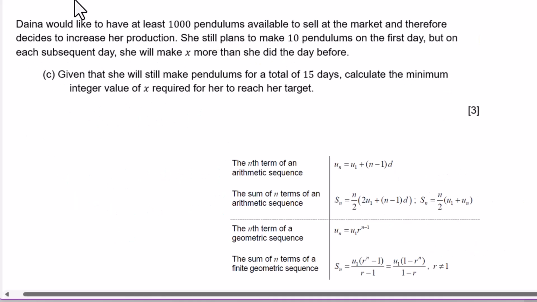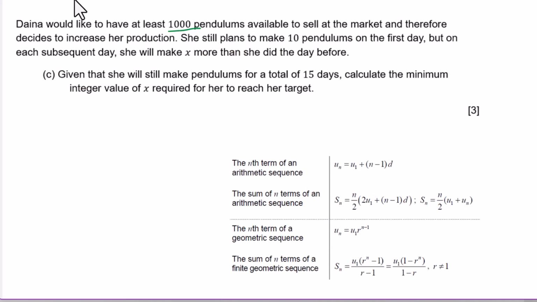Dana would like to have at least 1,000 pendulums available to sell at the market, and therefore decides to increase her production. She still plans to make 10 pendulums on the first day, but on each subsequent day, she will make X more than she did the day before.